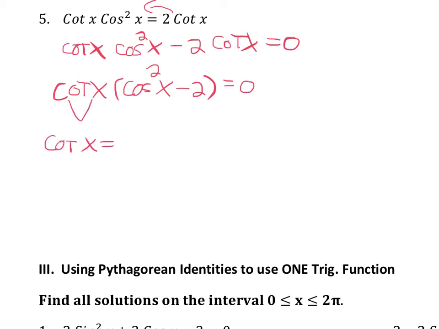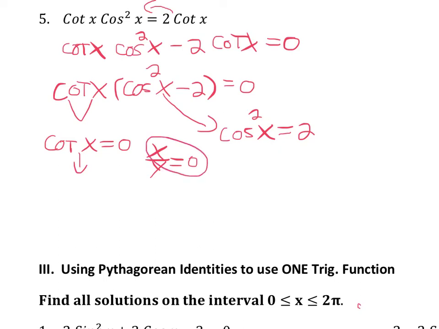So I have cotangent of x equals 0. Here, now we have something squared, so cosine squared of x would have to equal positive 2. And let's solve for each. Cotangent of x, if that equals 0, cotangent in terms of x and y in the unit circle is x over y. So if that has to equal 0, then the top, x, has to equal 0.